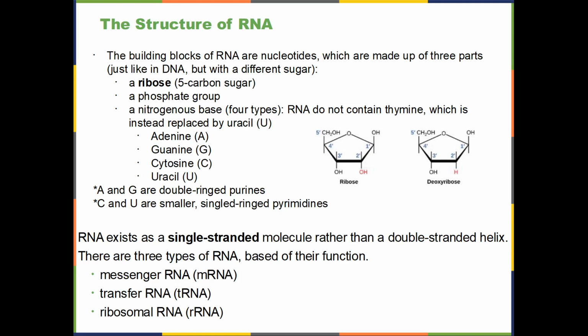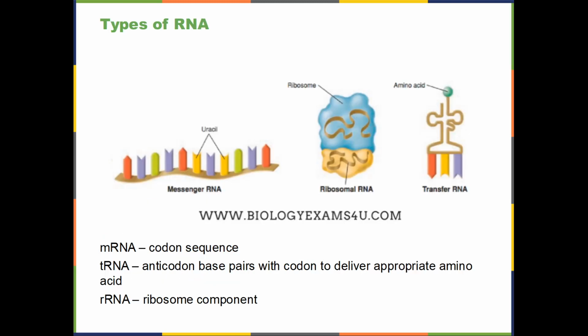All right. Now, there are three types of RNA that we will talk about. There's mRNA, which stands for messenger RNA. Messenger RNA is the molecule that is transcribed from DNA and will be moved to the ribosome.